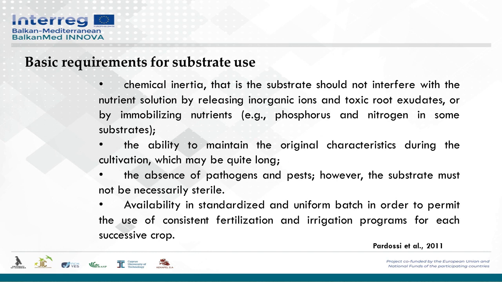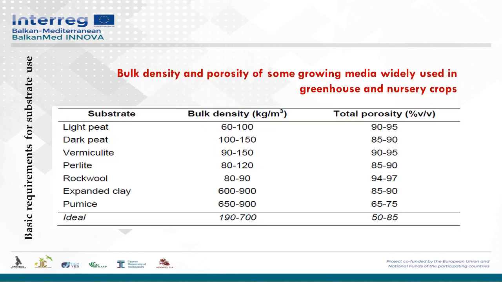And finally, it must be available in standardized and uniform batches in order to permit the use of consistent fertilization and irrigation programs for each successive crop. So there is a long list of basic requirements a substrate needs to fulfill for commercial production.